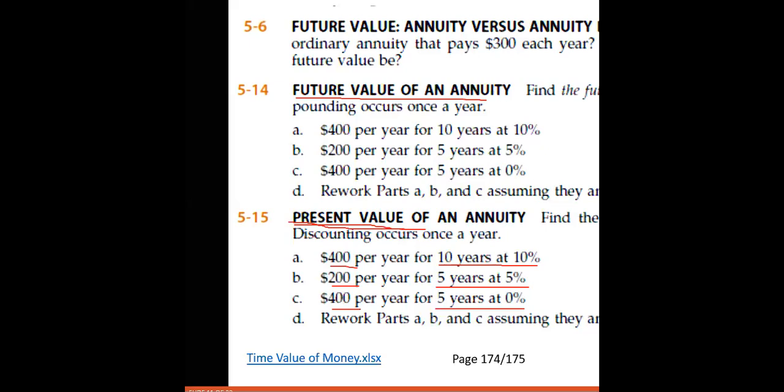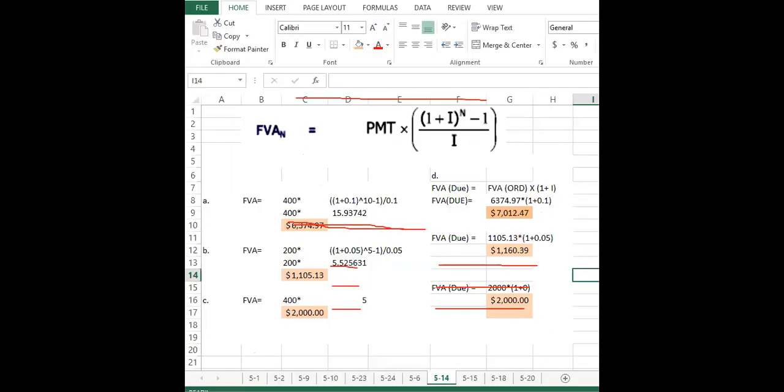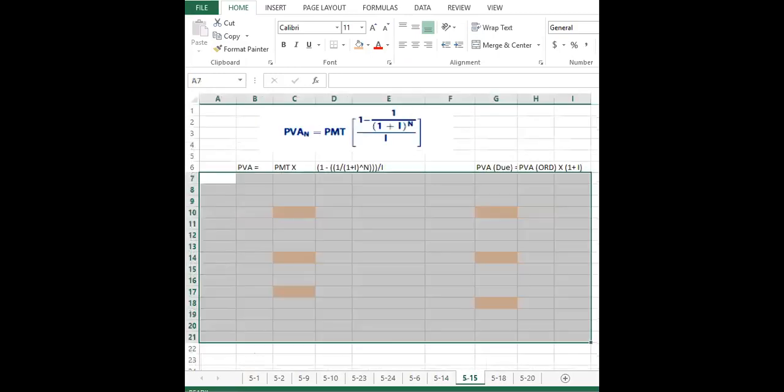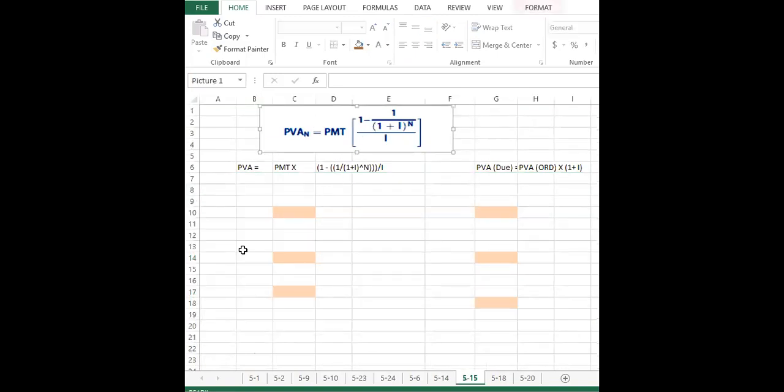Okay. So here is the Excel sheet, 5-5. So this is the formula of present value. Part A, present value of annuity is equal to, we have same $400 PMT.